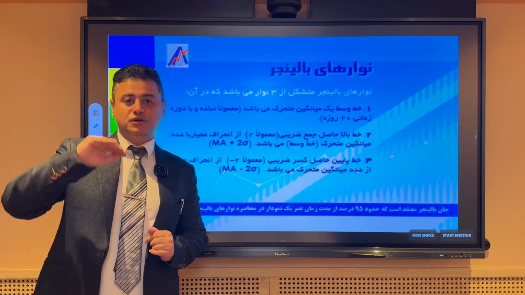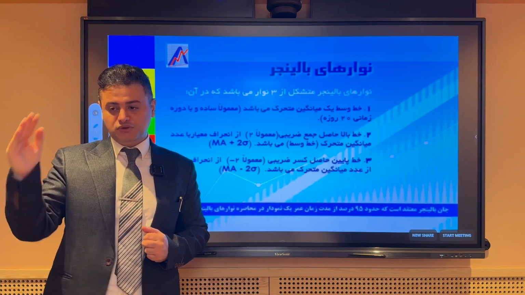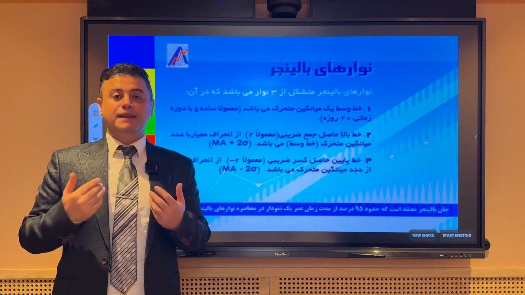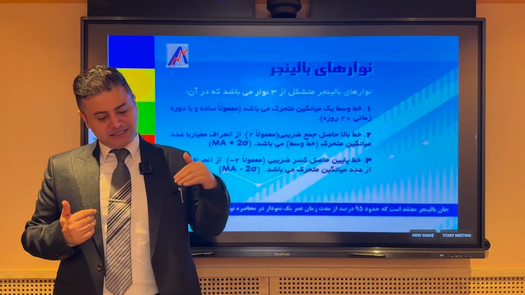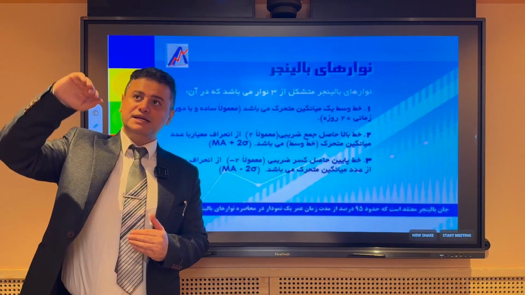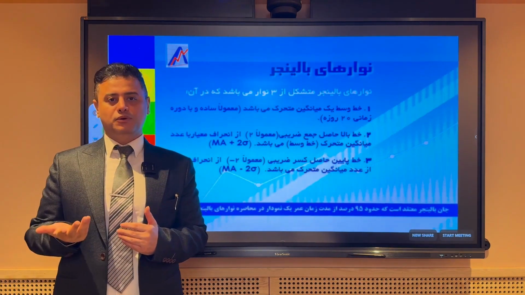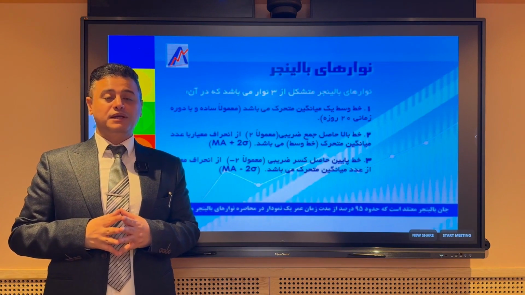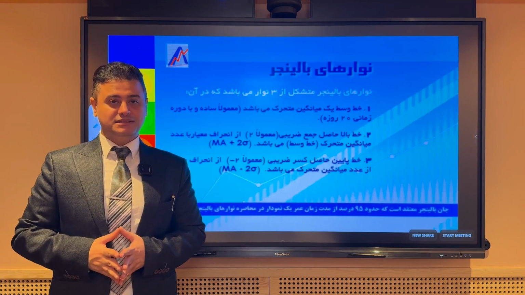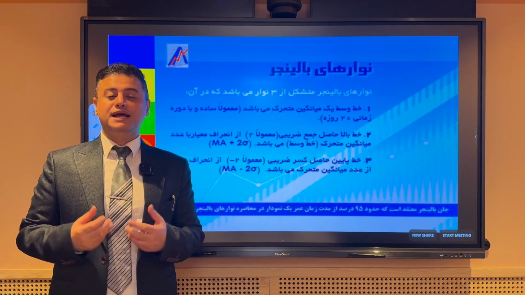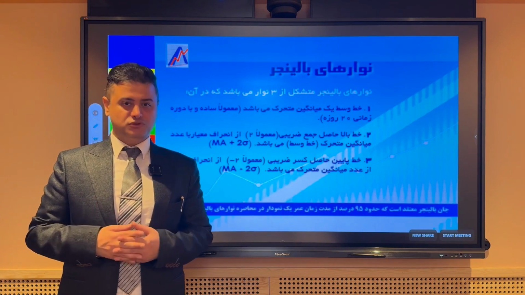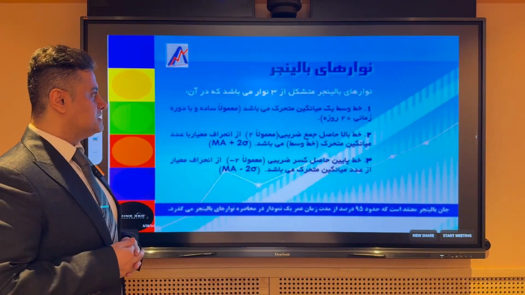The crossing of the stock's price chart from above to below with the middle band is a sell signal. And when the chart declines, it can go down to the lower band at most. And when it rises, it can go up to the upper band at most. Therefore, you are performing a very powerful analysis on the stock's price chart using Bollinger Bands, and you are understanding how far this chart can rise and how far it will decline. All right, let's move to the next slide.